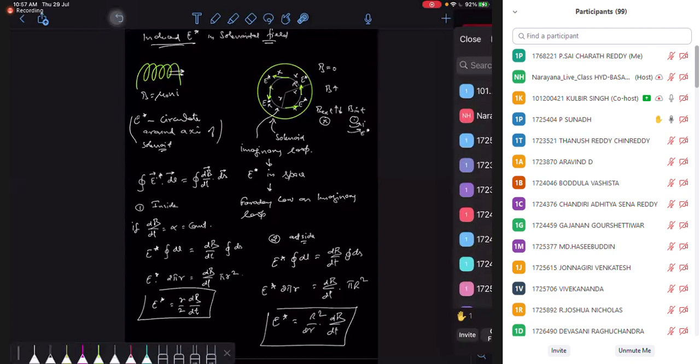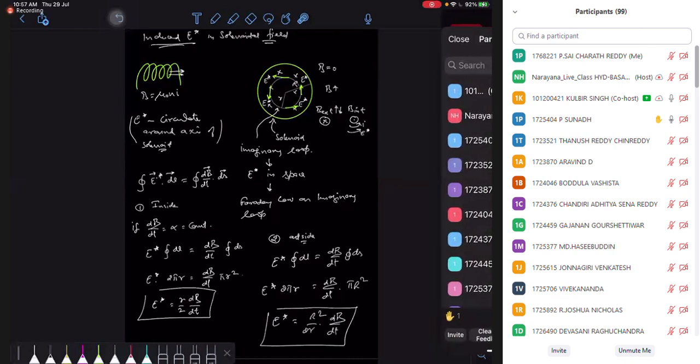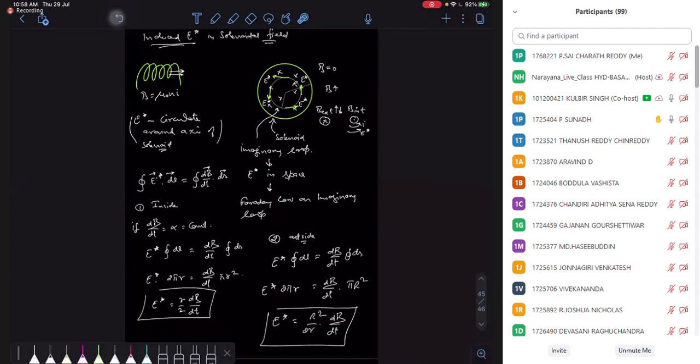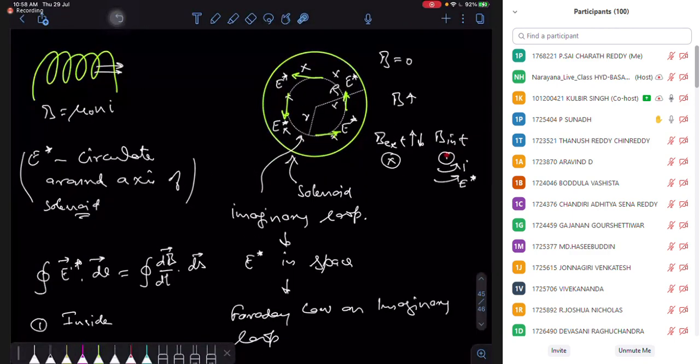Sir, what is the difference between B internal and E star? B internal is created due to the flux change only. It is the magnetic field created by the current here to oppose the flux change.